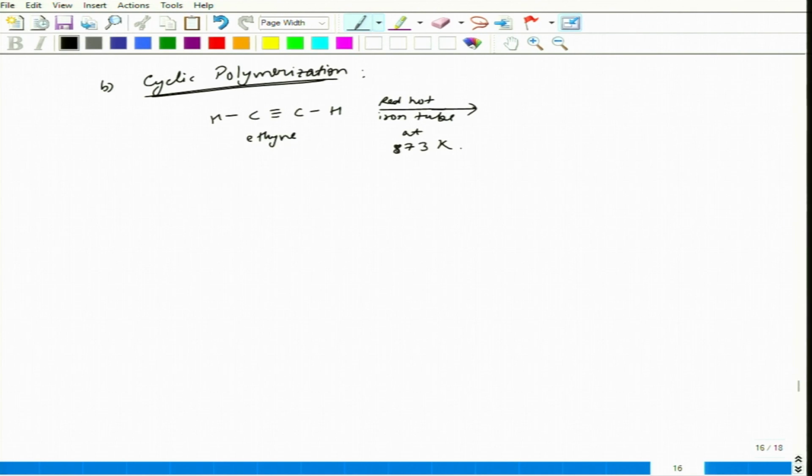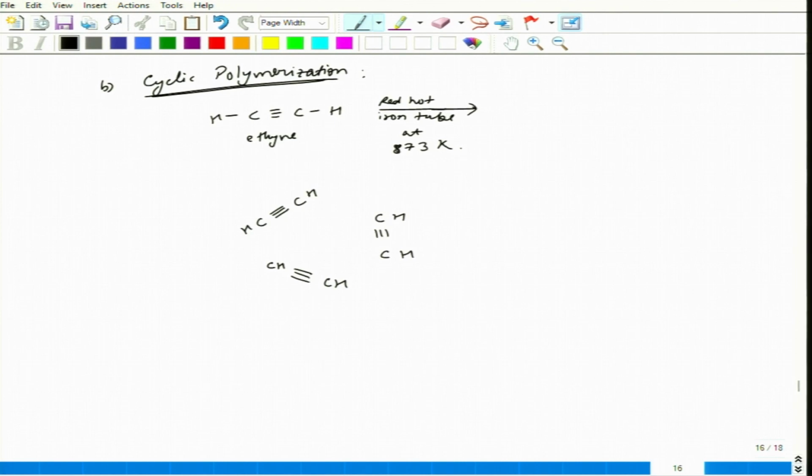So, what will happen in cyclic polymerization is, a molecule is like this, another molecule is like this, and another molecule is like this. These three molecules arrange themselves like this.